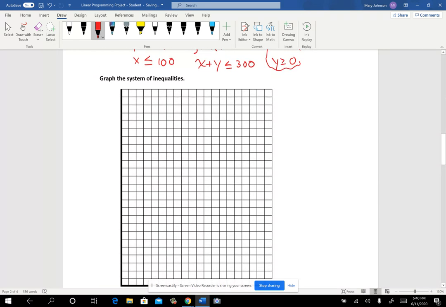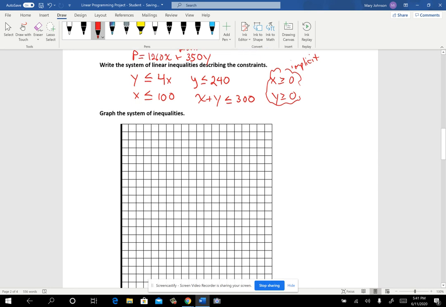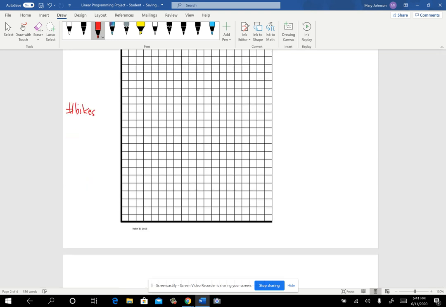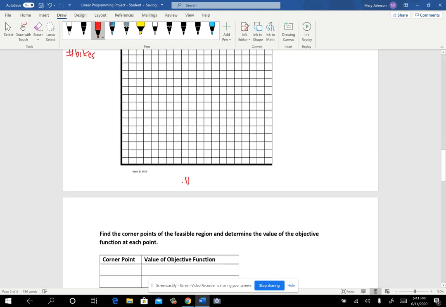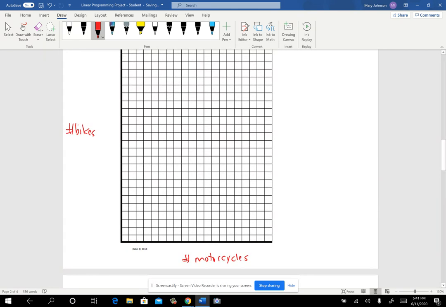All right, now the hardest part sometimes is just getting the scale to work out. So let me see. My Y, I like to label it too. My Y was the bikes. My X was the motorcycles. Okay, so the X and the Y axis, I just want to have that in mind.